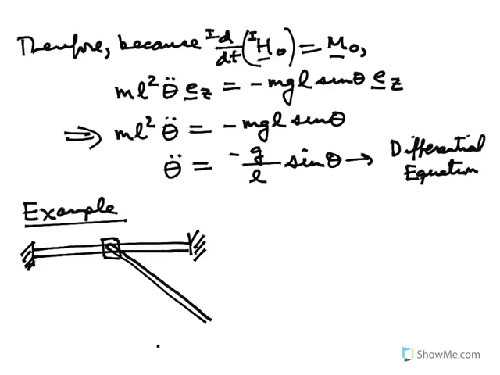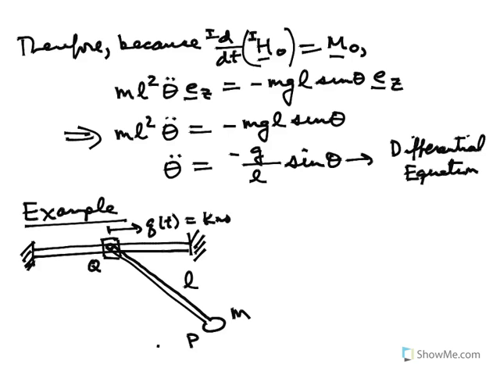So in this case, I still have a rigid massless arm, and there's a particle P of mass m suspended from it, and the arm has a length L. This point Q is now not inertially fixed, and it moves with a displacement Q of t.